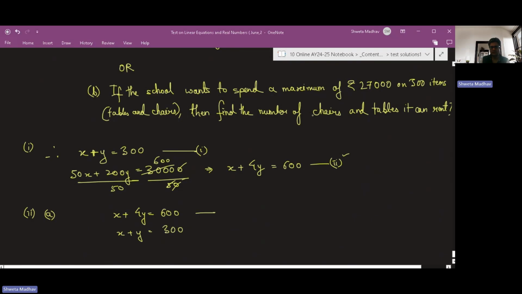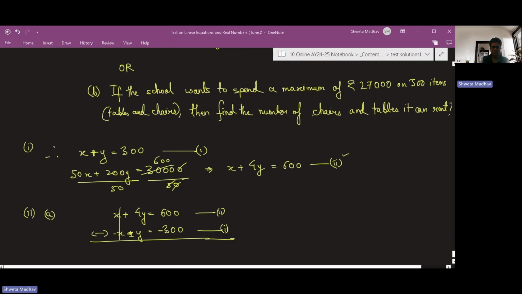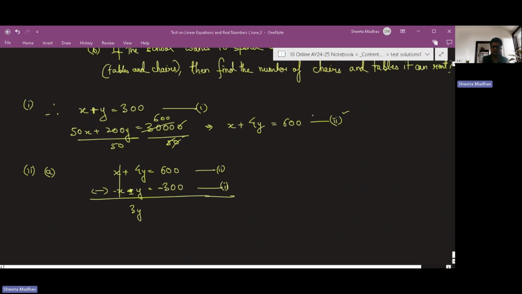If we subtract the first equation from the second one, then X minus X cancels, and 4Y minus Y is 3Y. So 3Y will be equal to 600 minus 300, that is 300. So Y will be equal to 100.